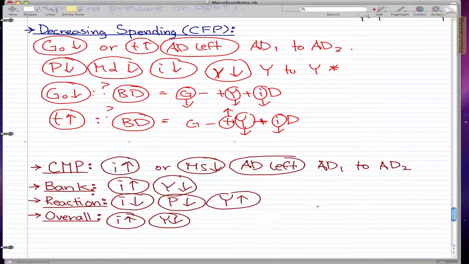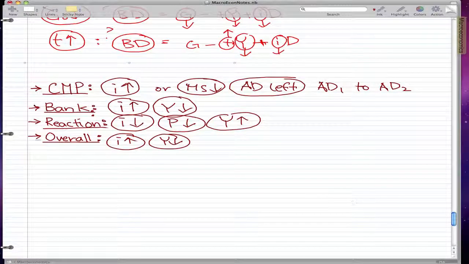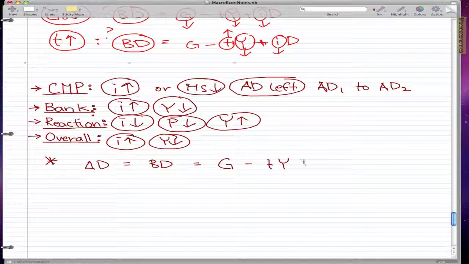But the new thing in this video is the change in debt or the budget deficit. Budget deficit is equal to G minus TY plus ID.